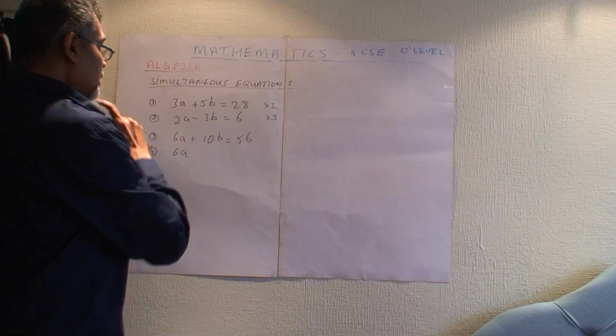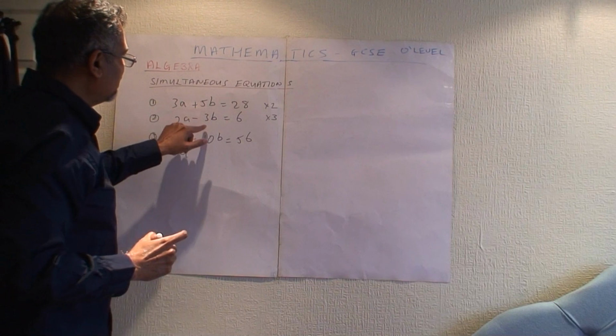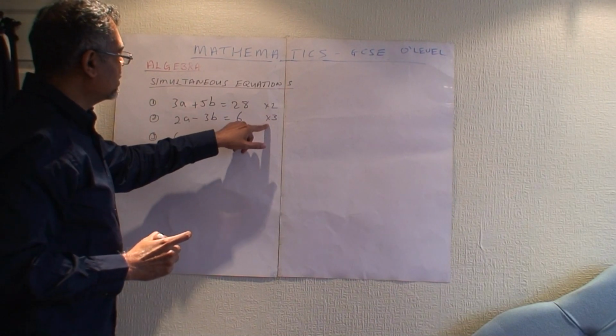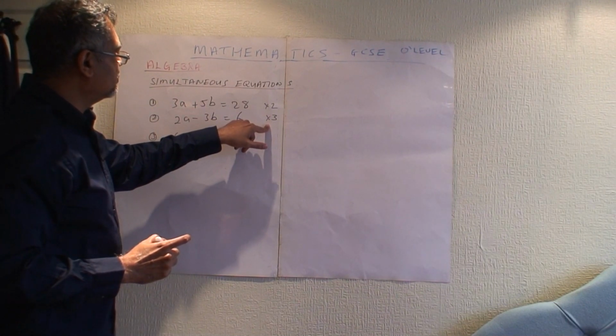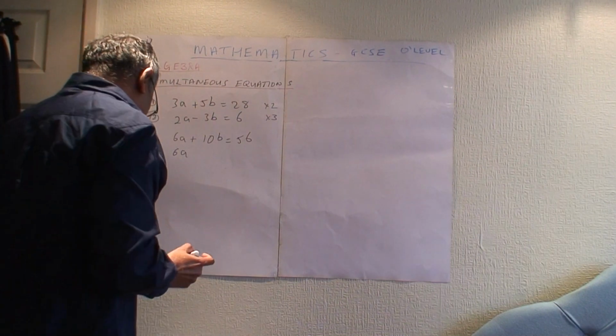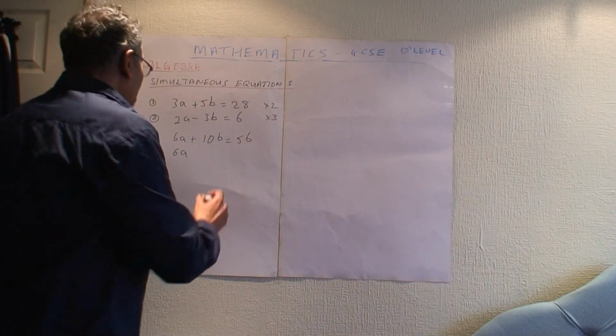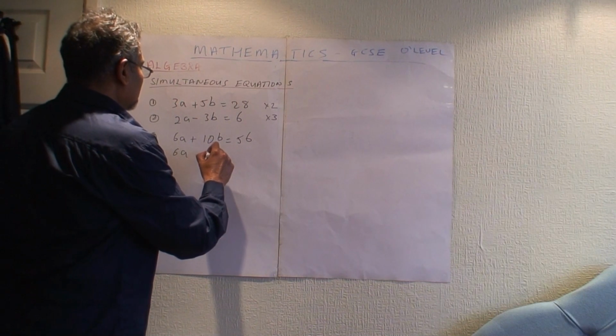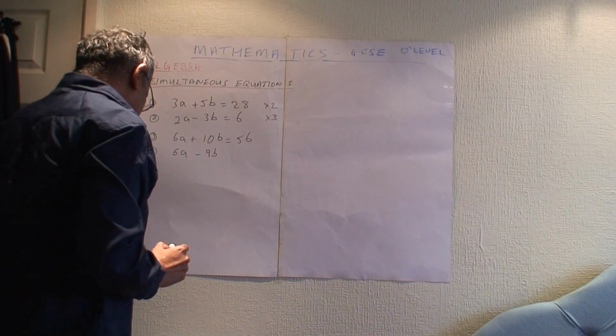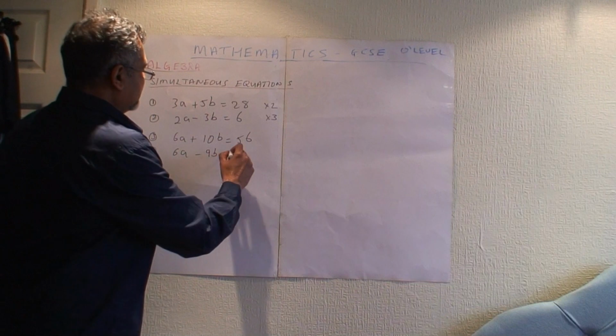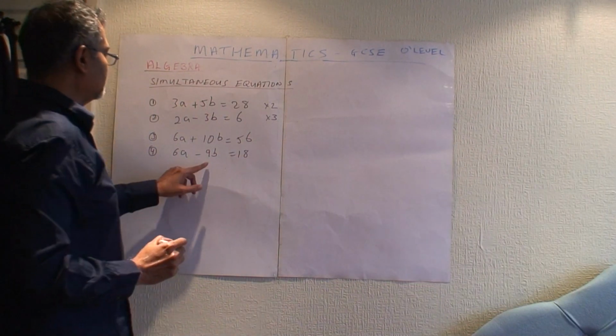Now we are going to multiply minus 3b by 3. So that will be minus 9b. And 6 3s are 18.